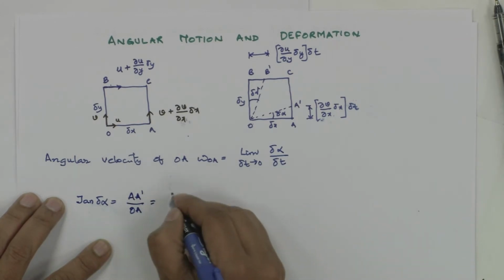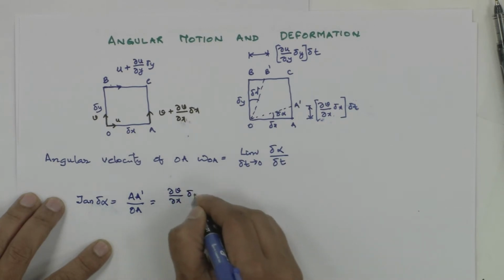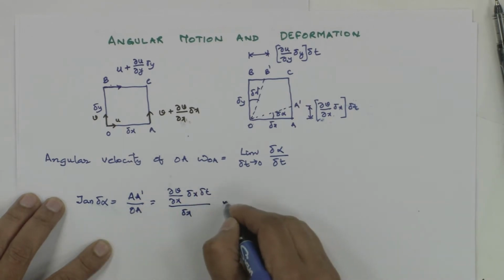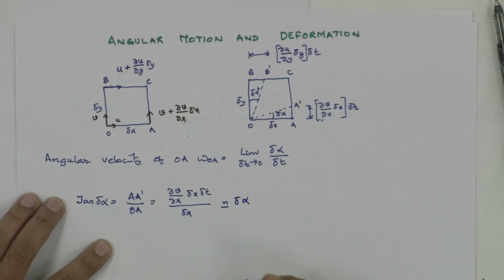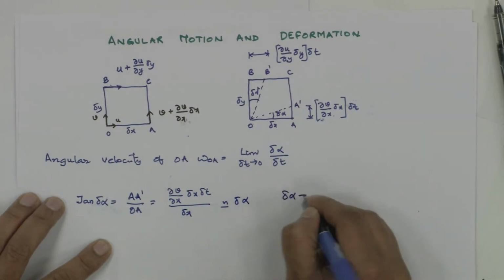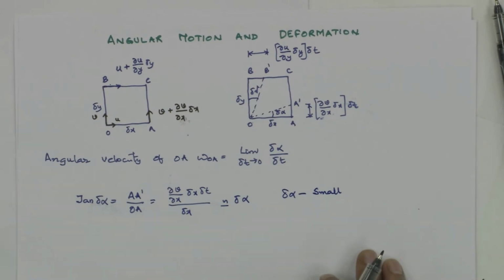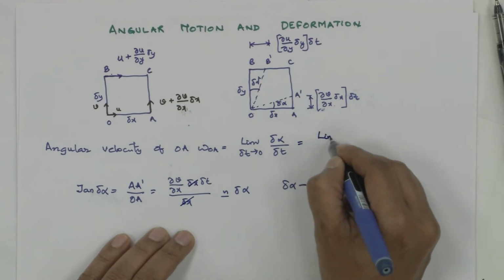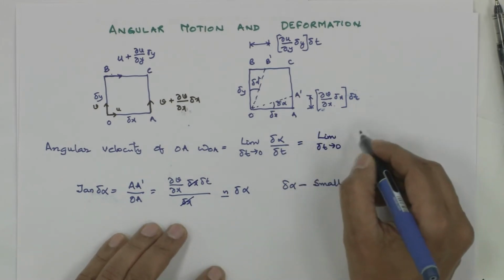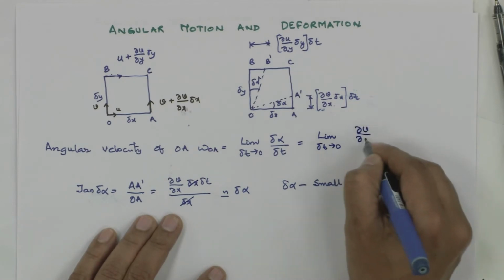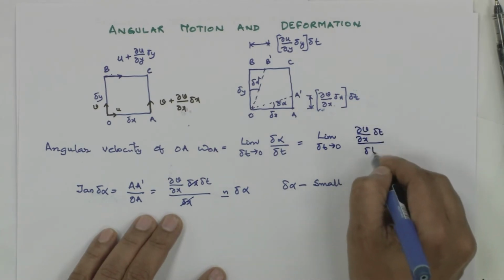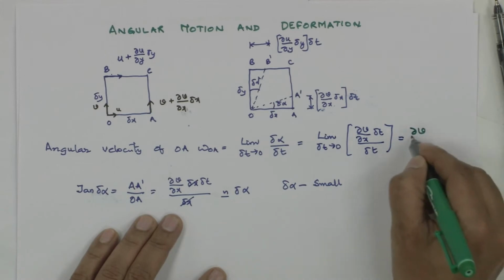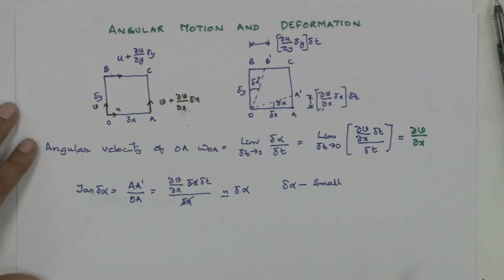AA prime is ∂v/∂x Δt upon Δx. But for small angles, tan Δα is equal to Δα because Δα is very small. So now Δx gets cancelled out. I can write limit as Δt tending to 0, Δα is now ∂v/∂x Δt upon Δt. So that is nothing but ∂v/∂x.